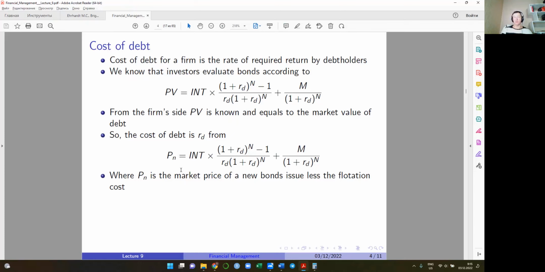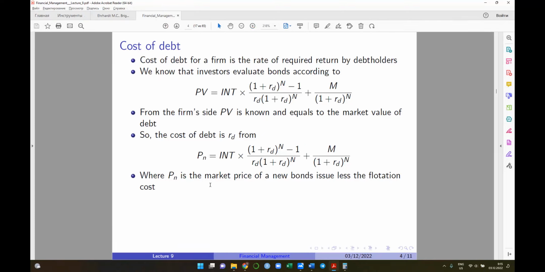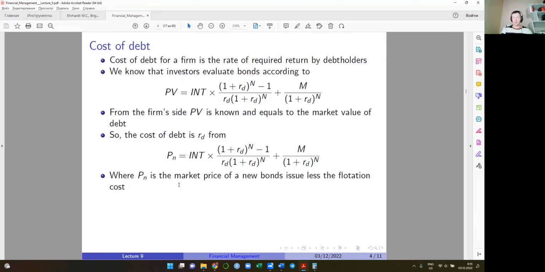And of course, the firm receives less than the market price of the bonds. The firm receives this market price minus flotation cost. Again, the problem is to compute this RD from here.